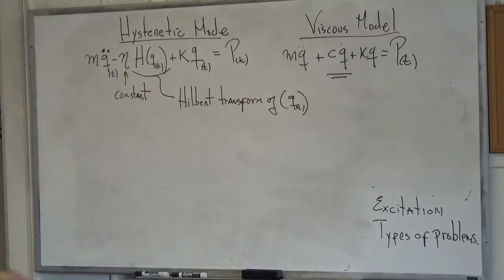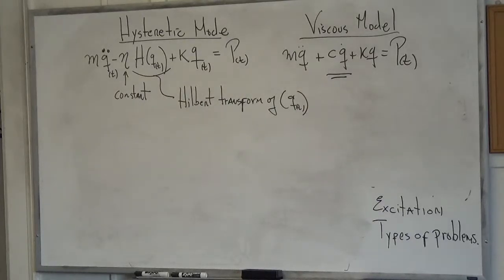Okay? So if we use hysteretic damping in our models, then in the time domain at least, the equation of motion would have the damping term as being proportional. There's a negative sign, but that doesn't really matter. Proportional to the Hilbert transform of the displacement Qt.